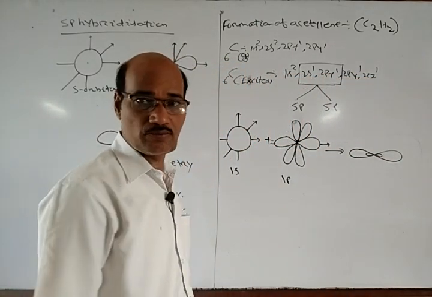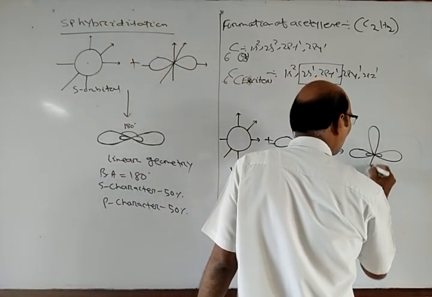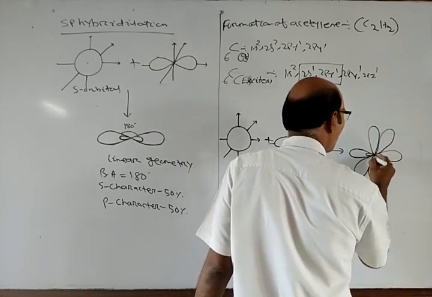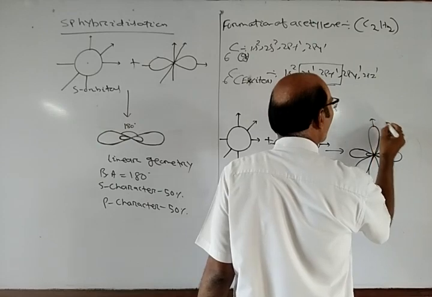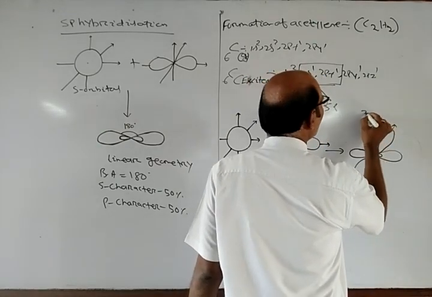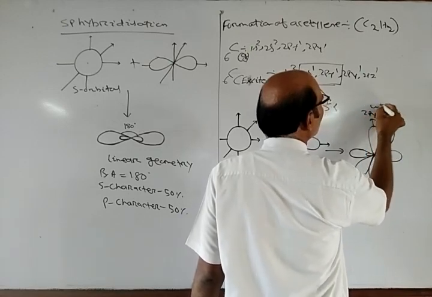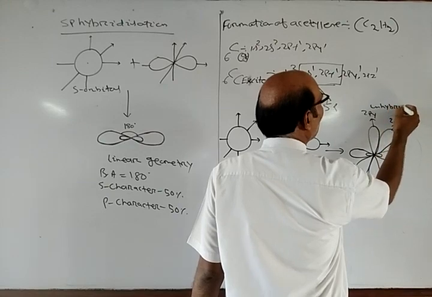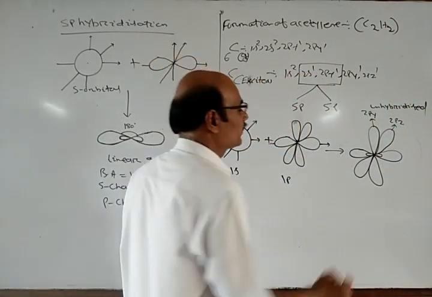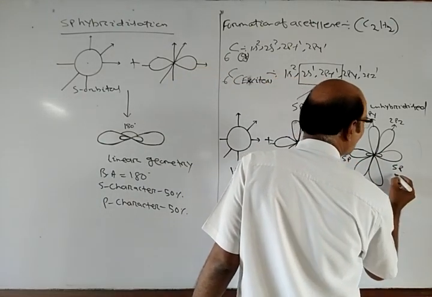These are two sp. Again we have 2py and 2pz, which are unhybridized.